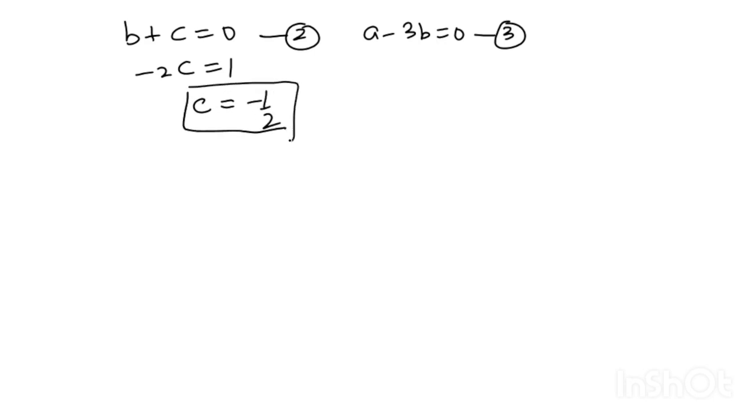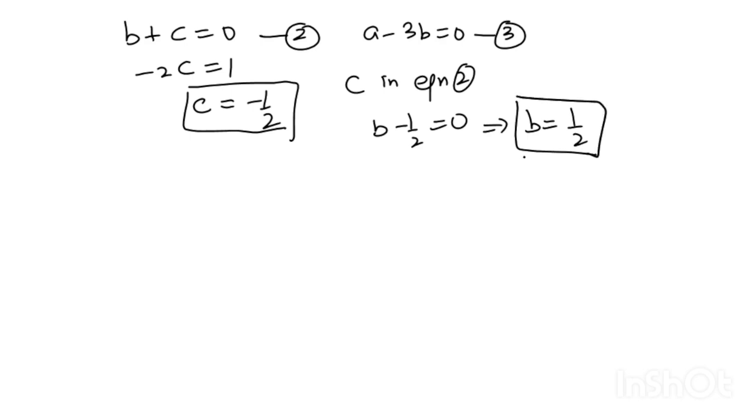Now we put the value of c in equation 1. So b minus half equal to 0. This implies b equal to half. And we put the value of b in equation second.